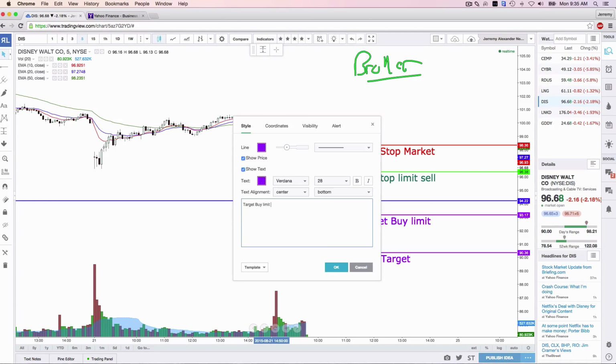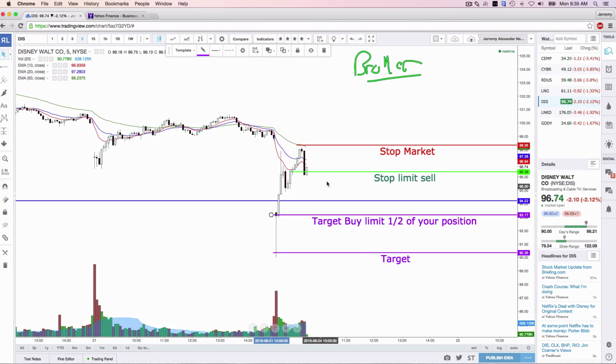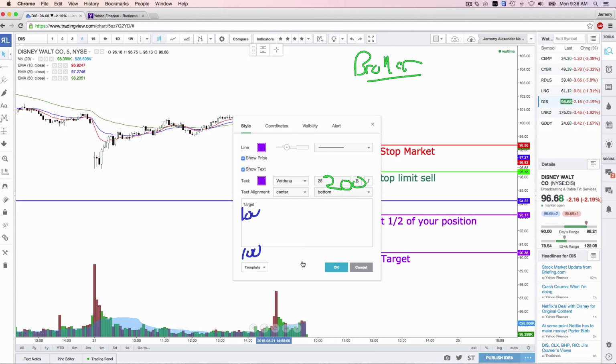You could do a buy limit for half of your position. So let's say you're short 200 shares. You'd be buying to cover 100 shares here, and buying to cover 100 shares at the second target. So again, this would be a limit buy of half of your position.